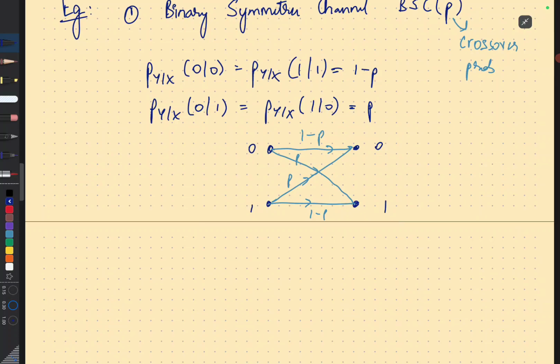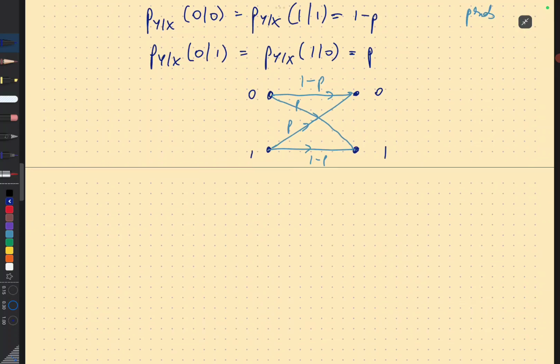Another representation of the channel is using a matrix. Basically, it's the same. If you describe the transition probabilities of P of Y given X, then you describe the channel. You can represent P of Y given X in a number of different ways, either this pictorial form or in the form of a matrix. So basically 0, 1, 0, 1.